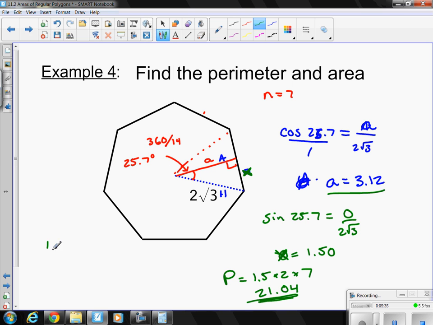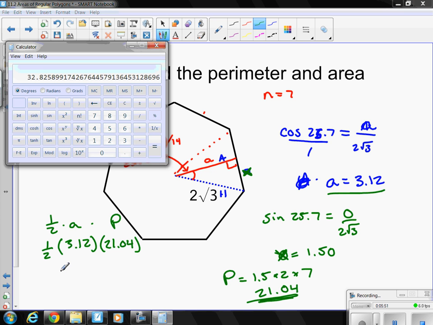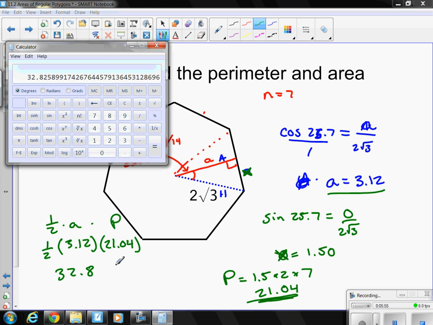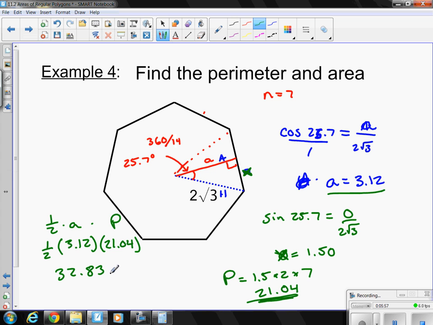So 1/2 times 3.12 times 21.04. That's my apothem and perimeter. It is going to equal 32.825. So I'll round that up. Units squared.